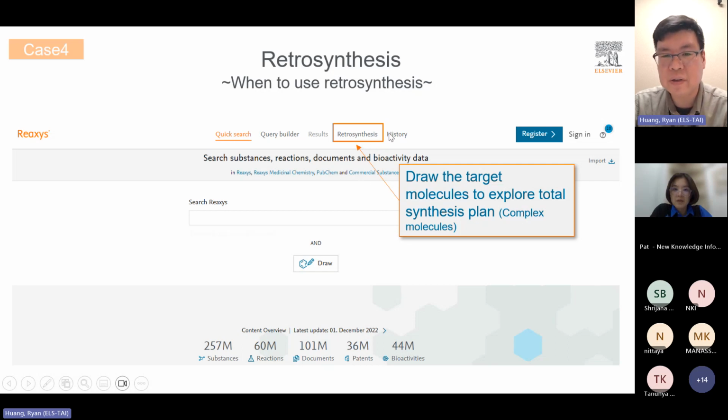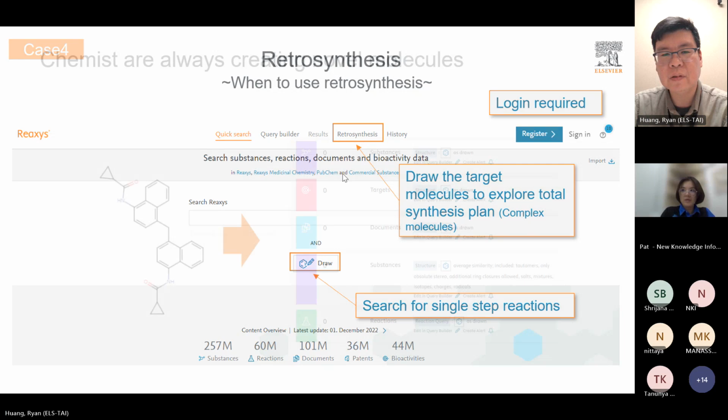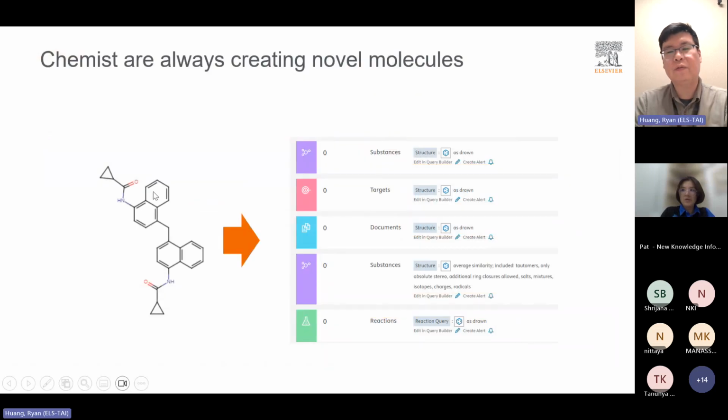Okay, so the retrosynthesis is here. Retrosynthesis is sometimes used for novel molecules or very complex molecules that you cannot prepare in just one or two step reactions, and then you will try to find a retrosynthesis. I know for chemists, most of the time we are working on something new, something novel.